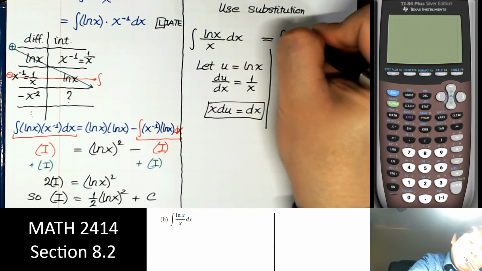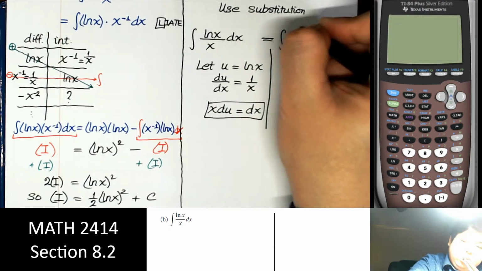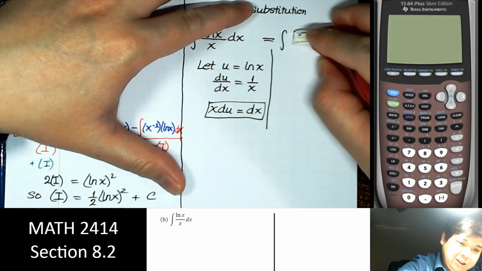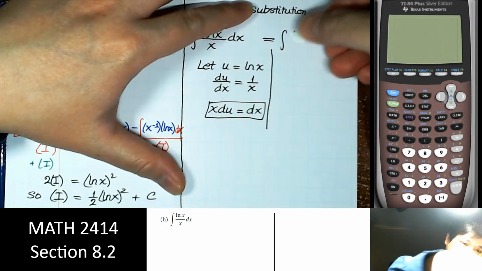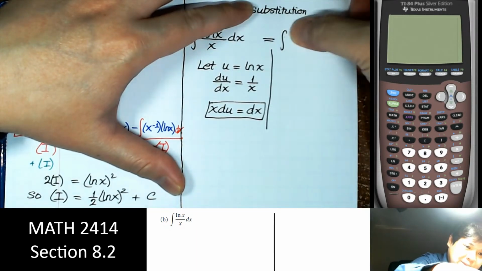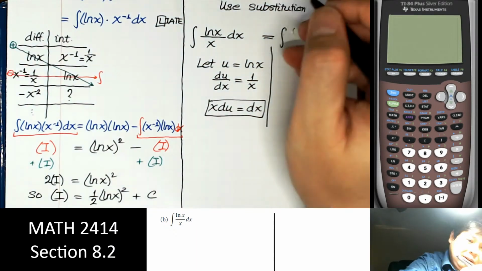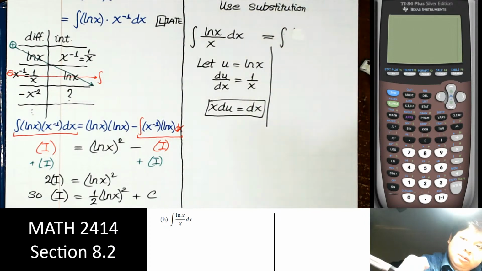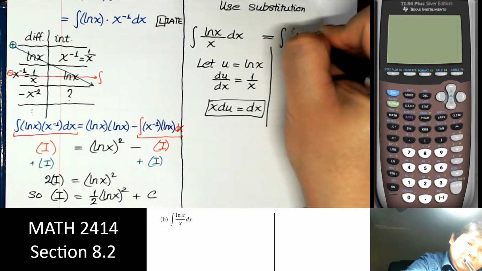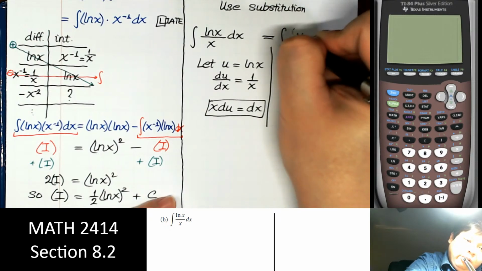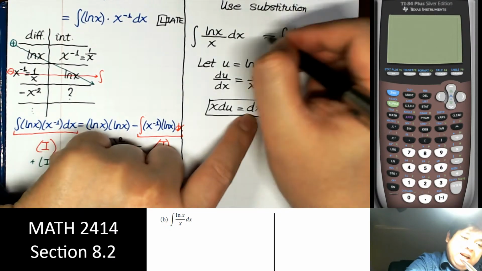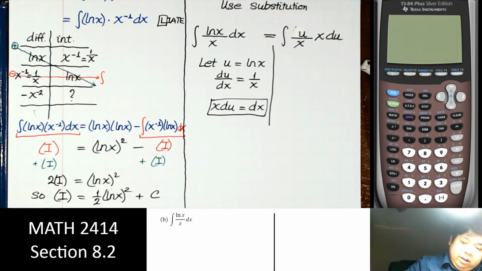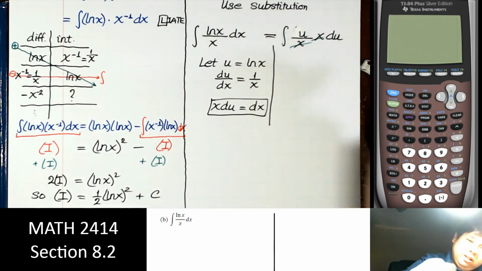So I have ln of x, which is u, over x, and dx is x du. x and x cancel out.